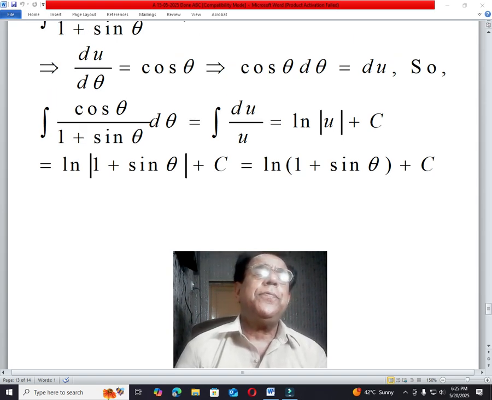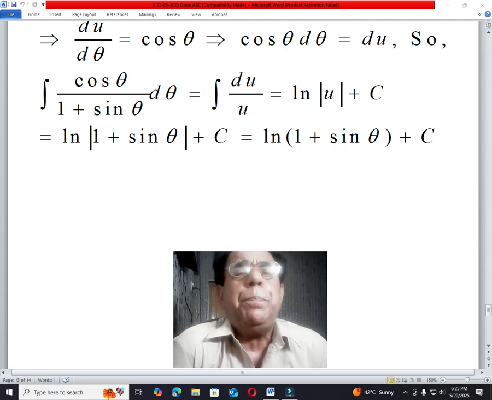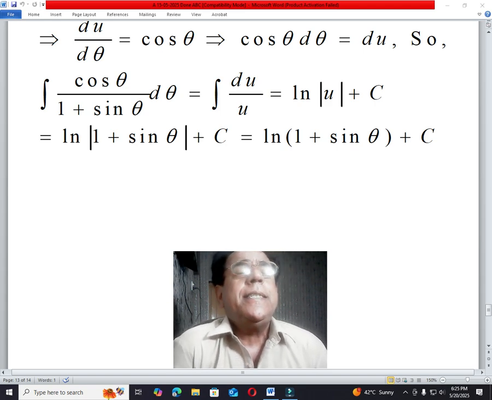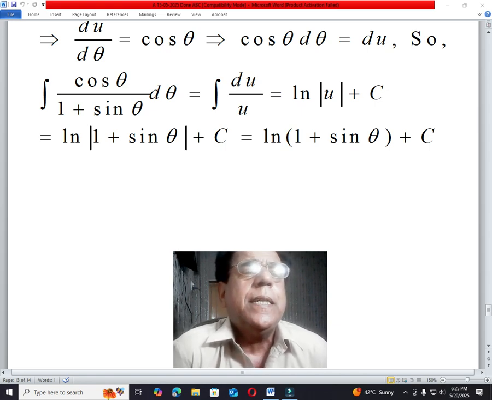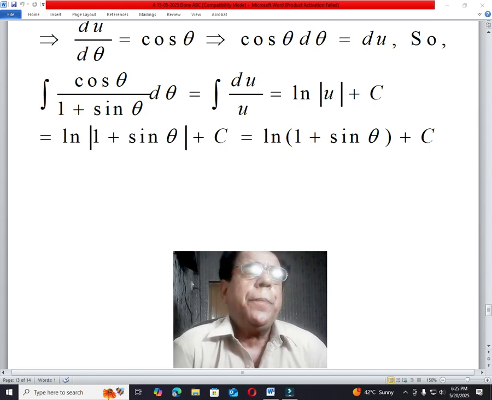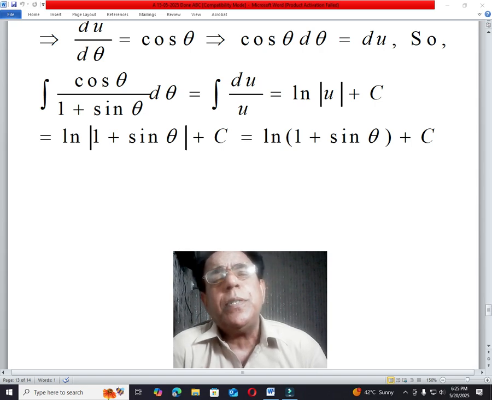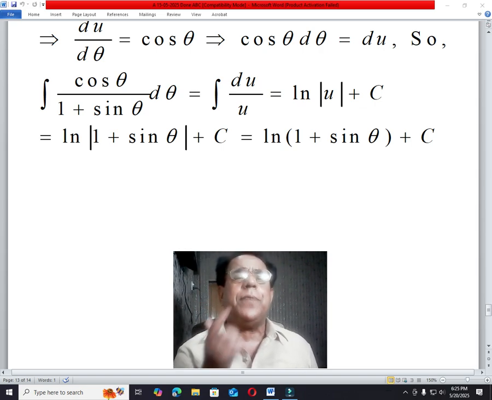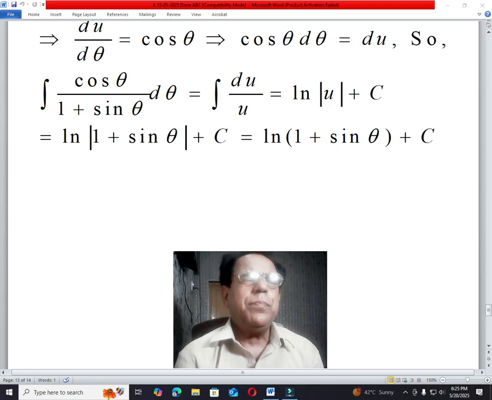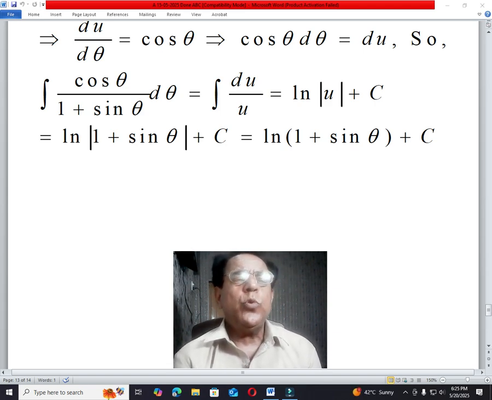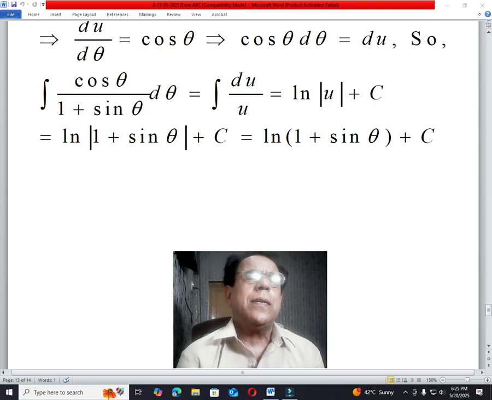Dear students, here we can use simply parenthesis in place of modulus value or absolute value. The reason behind this is that 1 plus sine theta can never be negative, because we know that values of sine theta vary between 1 and minus 1. For example, sine 90 is equal to 1 and sine 180 is 0.